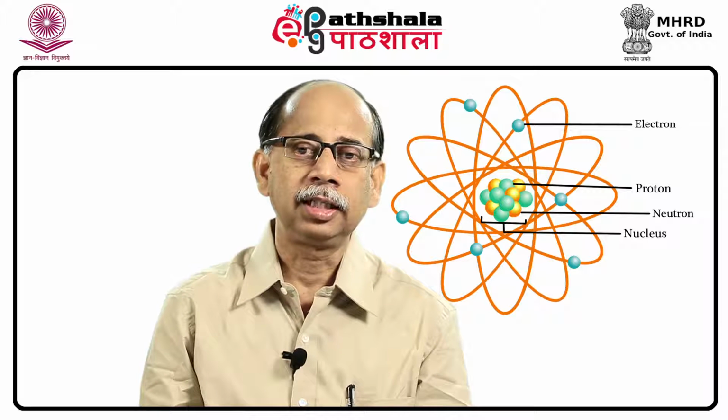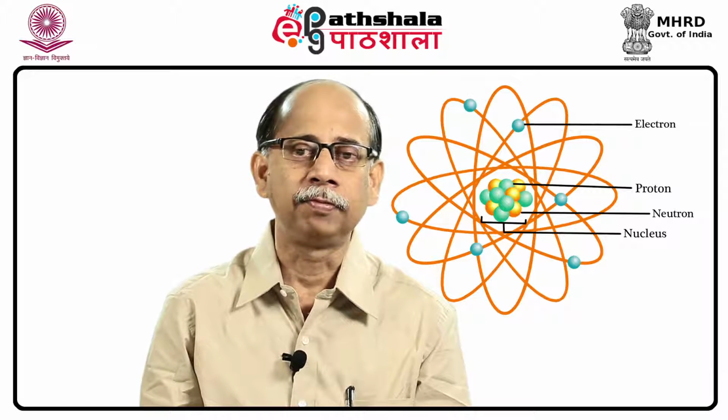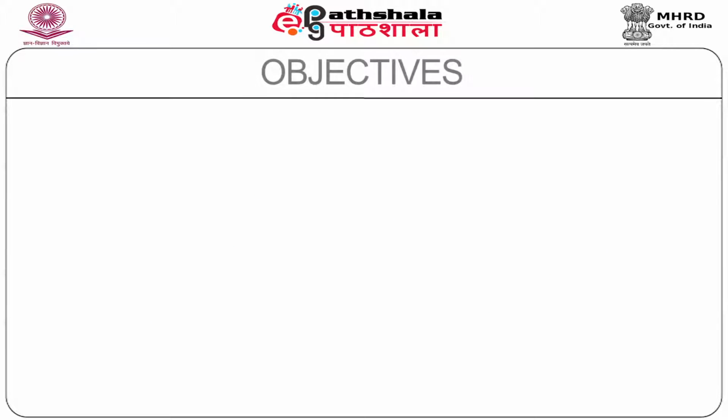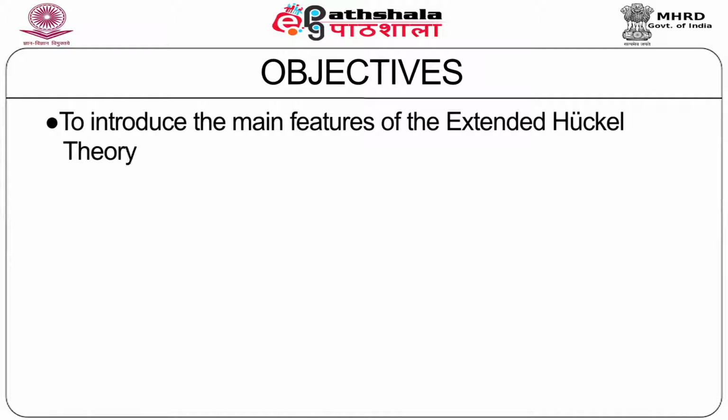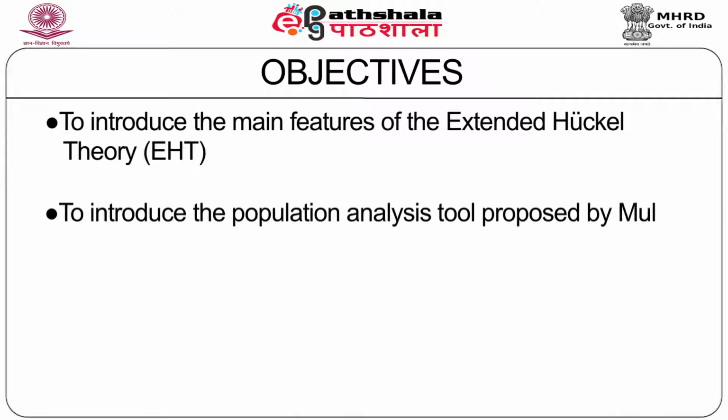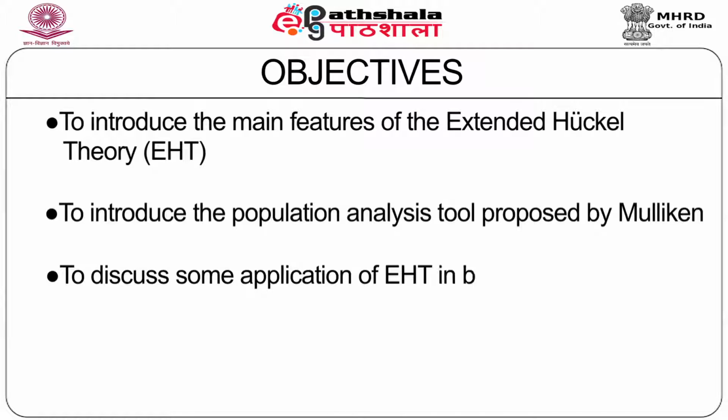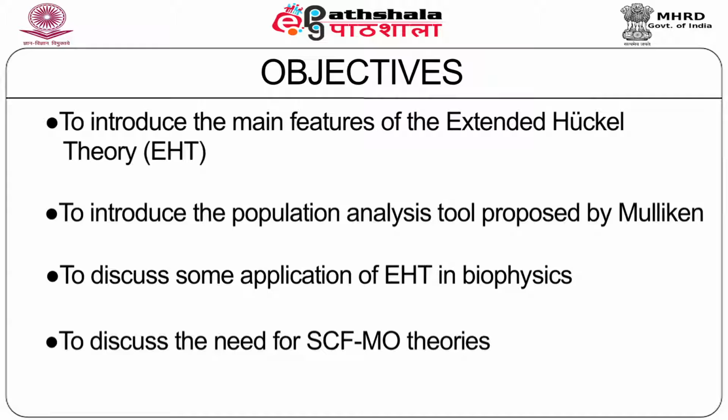This mode of division is applicable to describe some particular aspects of the electronic structure of any type of molecule. In this module, our objectives are to introduce the main features of the extended Huckel theory, to introduce the population analysis tool proposed by Mulliken, to discuss some application of extended Huckel theory in biophysics, and to discuss the need for self-consistent field molecular orbital theories.